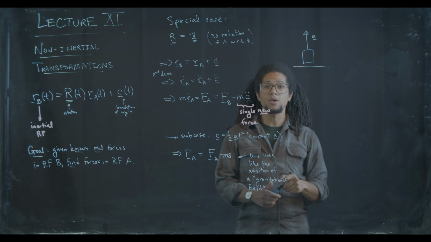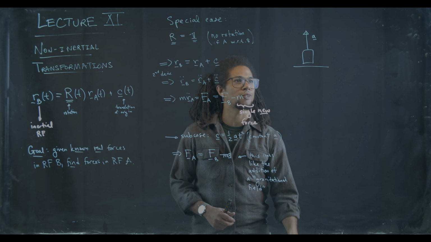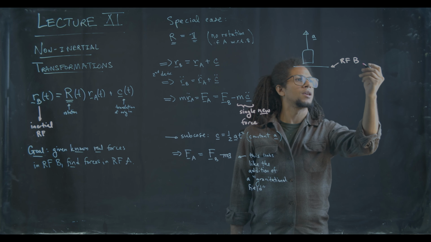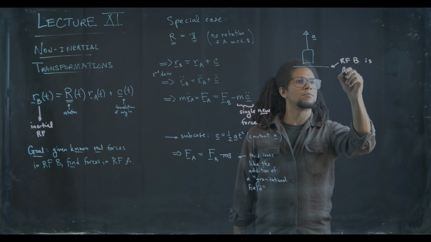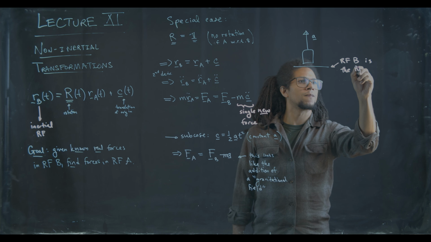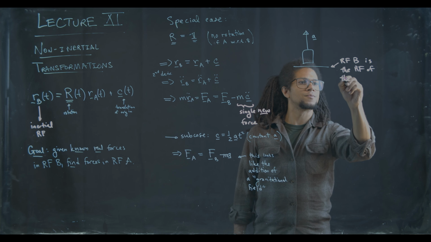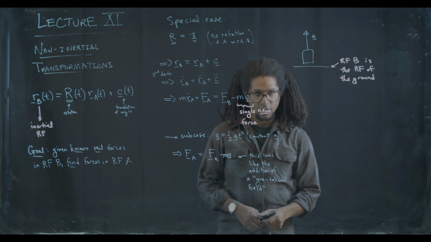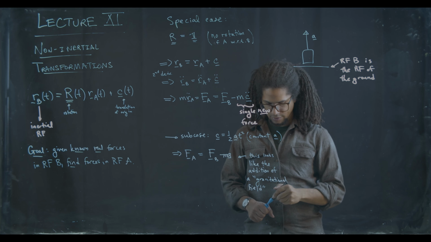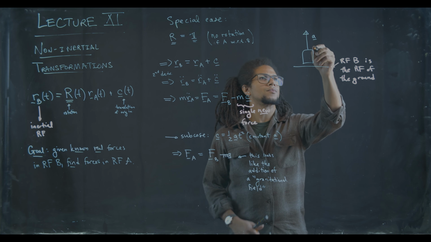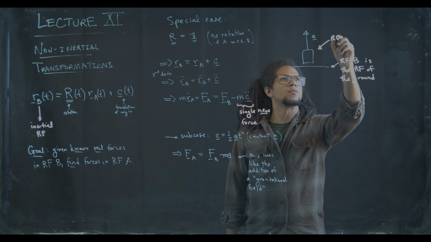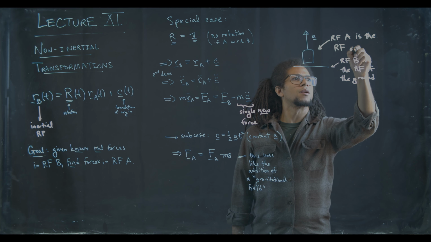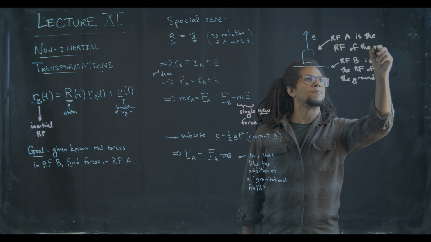Now I can let one reference frame be the reference frame of the ground. So let's let reference frame B be the reference frame of the ground. And reference frame A is the reference frame of the rocket.